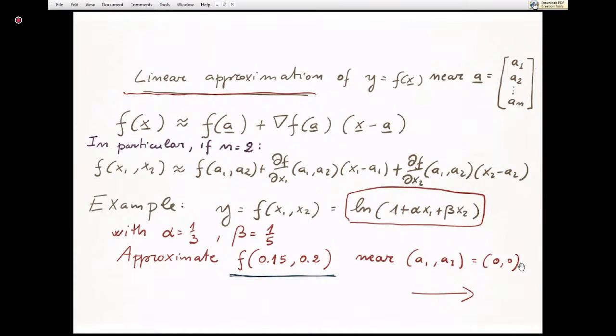So my point A1, A2 is 0, 0. This is H1, H2, but this is also the new point, A1 plus H1, A2 plus H2, because the initial point is 0, 0. So the new coordinates correspond to the vector of the increments. This is a very common situation, approximating functions near the point 0, 0.